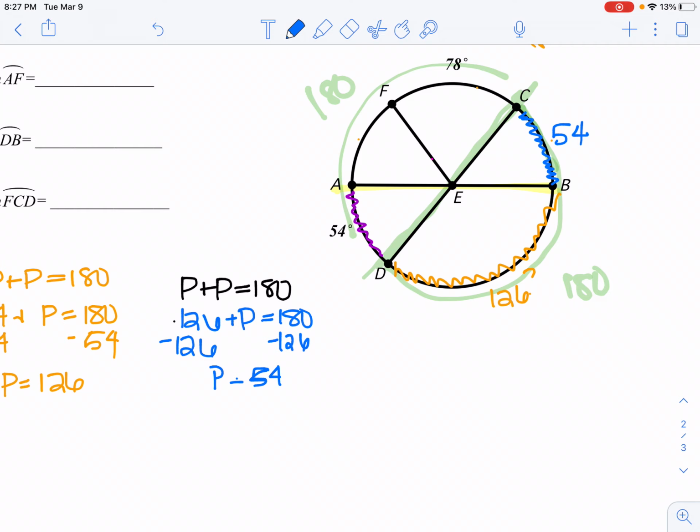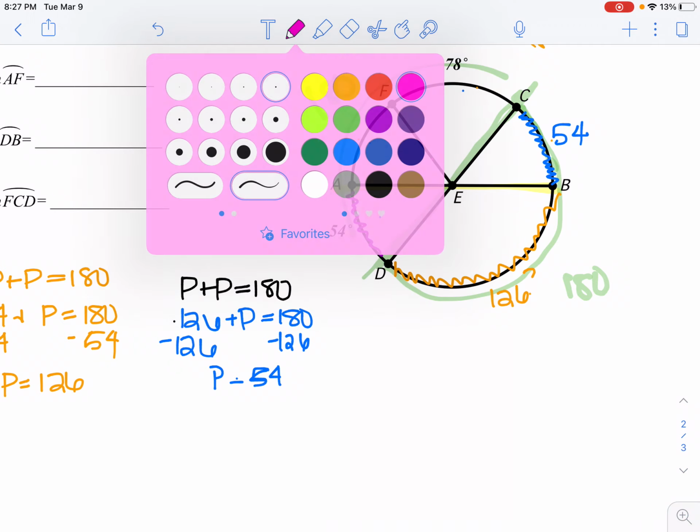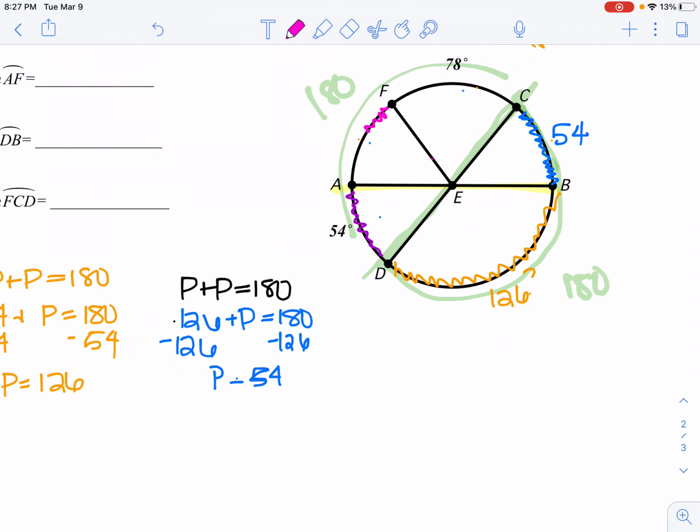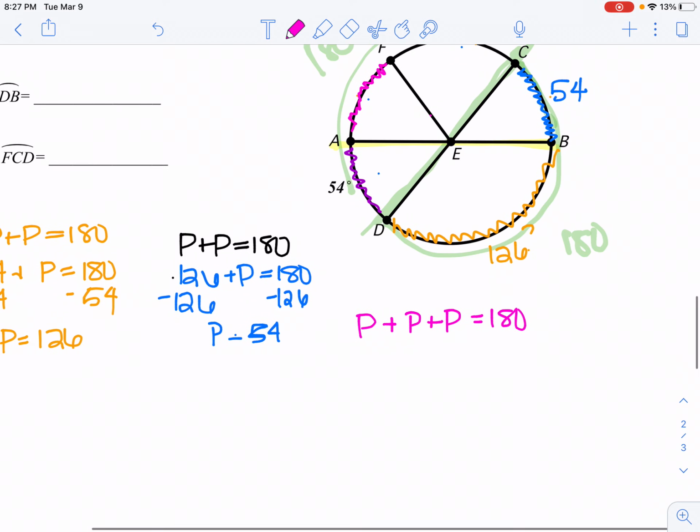All right, when I look at the other part of my circle, I again see that there are 3 arcs that make up that semicircle, but this time I know 2 out of the 3 arcs, and I'm just missing this guy here. So if I want to find that arc FA, I say, well, I have 3 smaller arcs that when you add them together, they equal 180 degrees. I know 2 out of the 3.